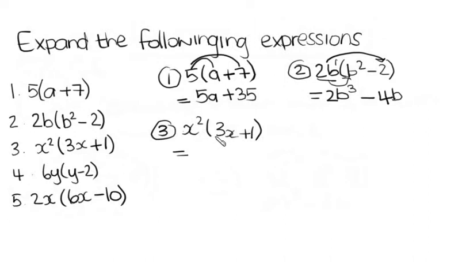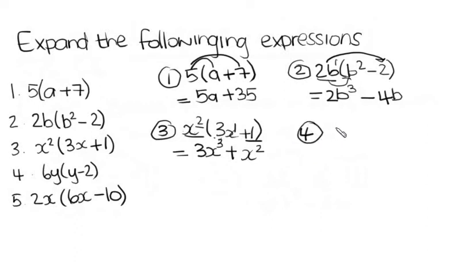So 1 multiplied by 3 gives me 3. x and x, they are the same, so I know that I need to add my exponents. So 2 plus 1 gives me 3. Great. And then again, anything multiplied by 1 would stay that value, so therefore I have positive x to the power of 2. That's not too bad, eh? Okay then, let's move on.